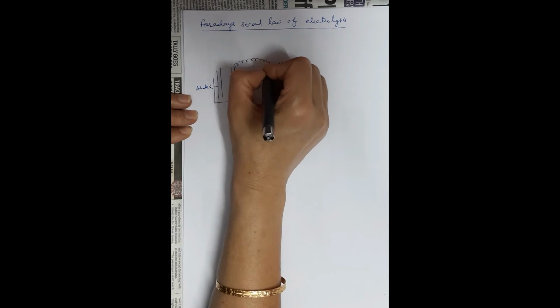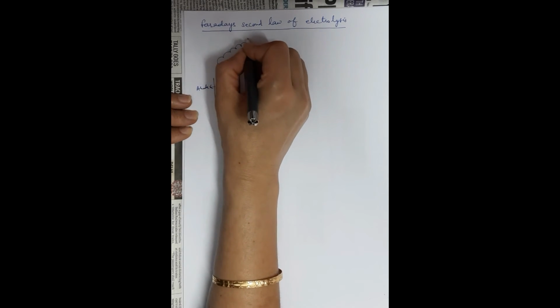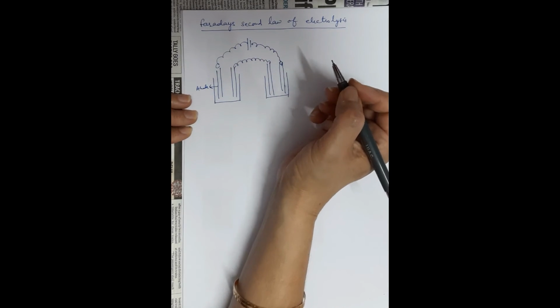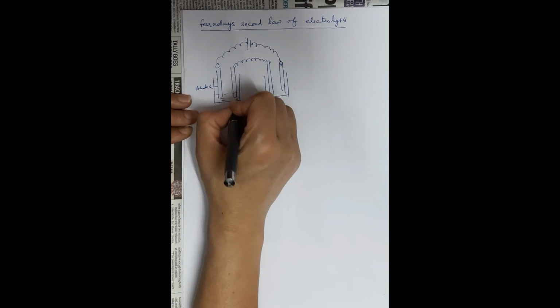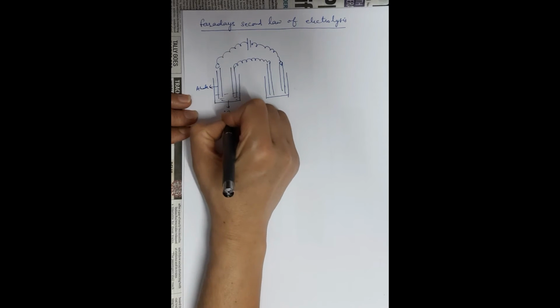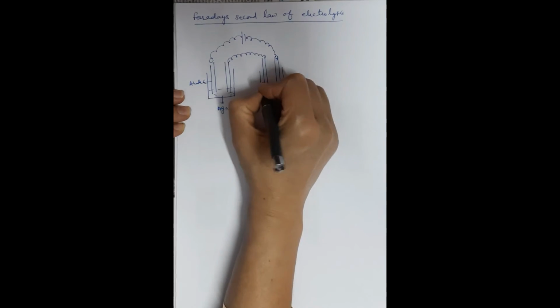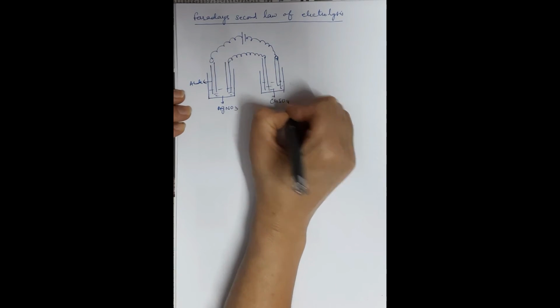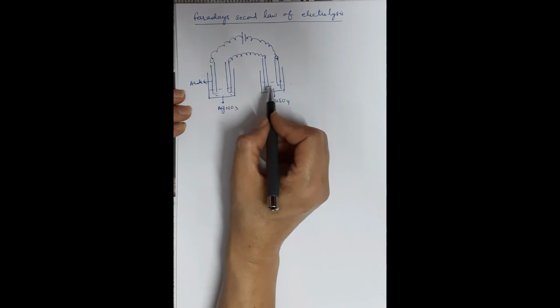These two are connected with a wire and these two are connected with a battery. Here the electrolyte taken is silver nitrate and here it is copper sulfate. The two electrolytes are connected in series.